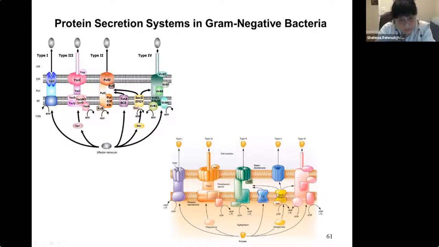So definitely 2 different systems that are operating in your cytoplasmic membrane, whilst there are 5 different ones that connect the outer membrane to the cytoplasmic membrane and form direct channels, or those that have been transported by the TAT or the SEC are also channeled into these direct injectosomes, as we call them.